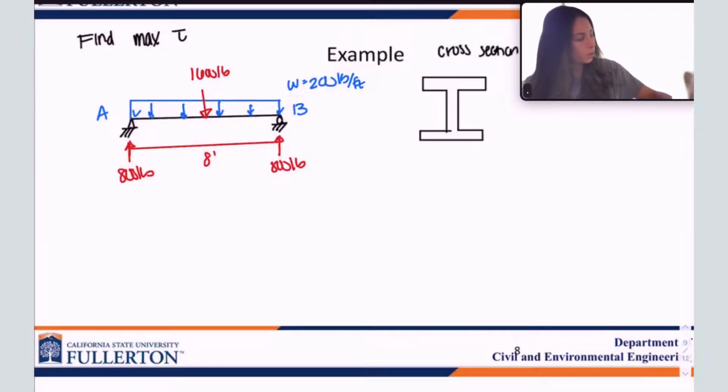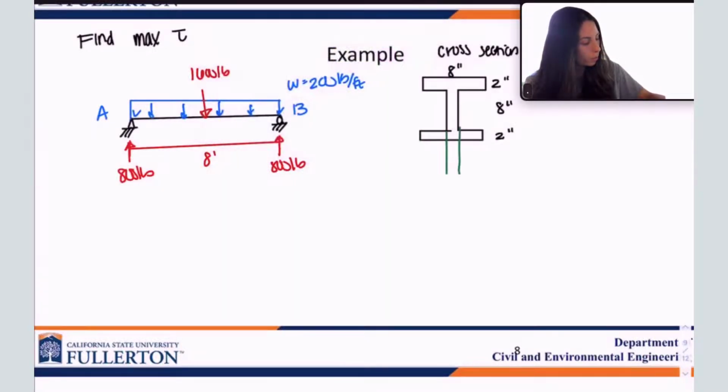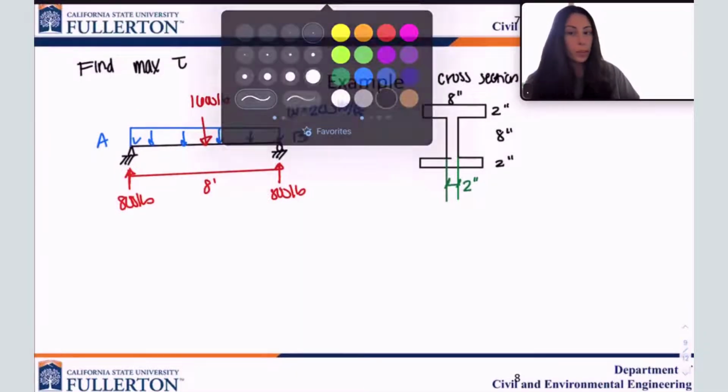So this is all given in the problem. And then let's put some dimensions here. So we have 8 inches at the top, 2 inches here, 8 inches, 2 inches, and then we also have the width of the web here as 2 inches.